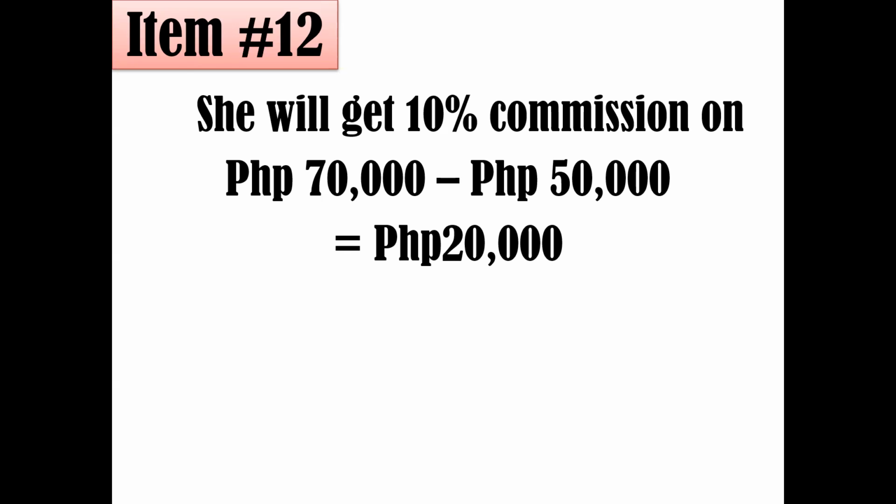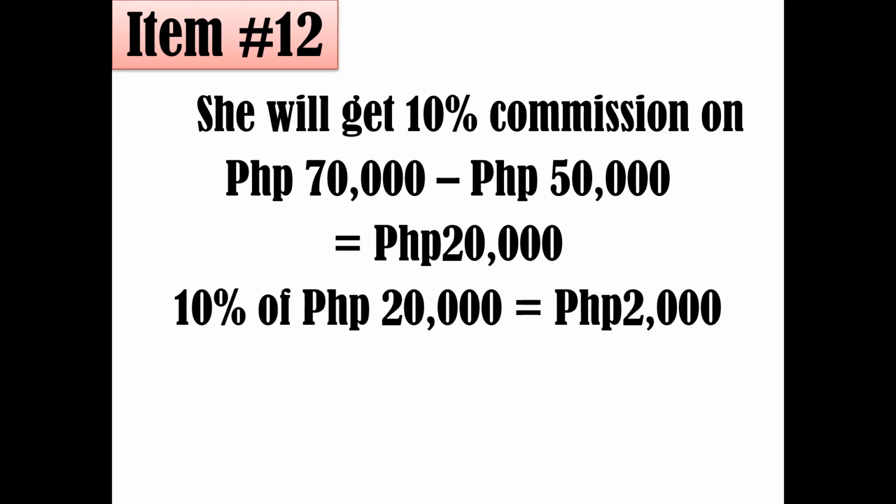So it means na kapag yung sales niya ay lower than 50,000 pesos, wala siyang commission. Yung sobra lang sa 50,000, yung merong 10% commission. So with that, 20,000 po yung may commission siya na 10%.